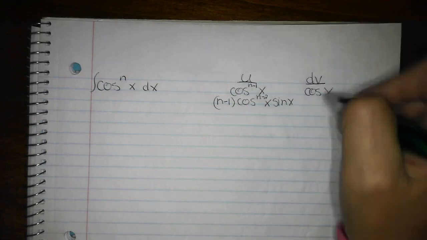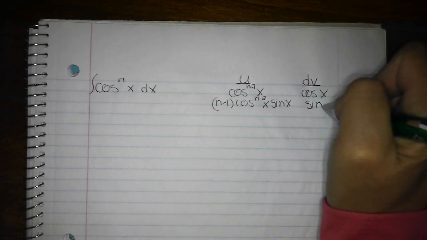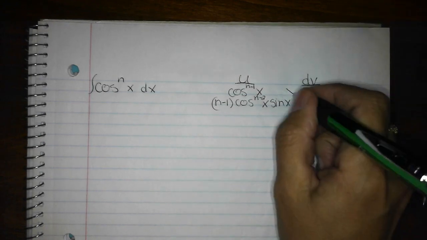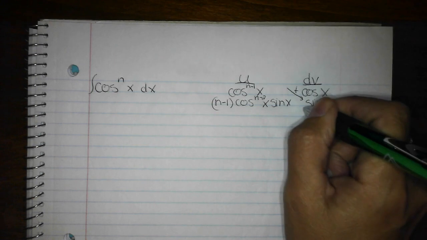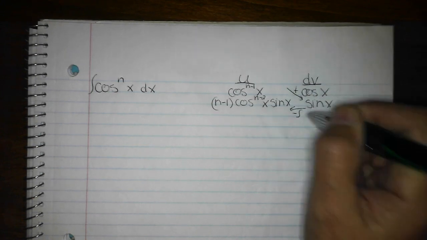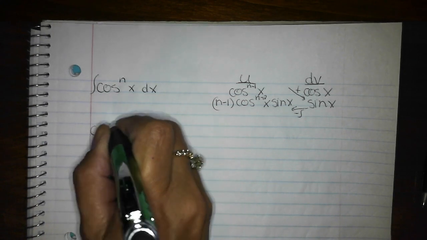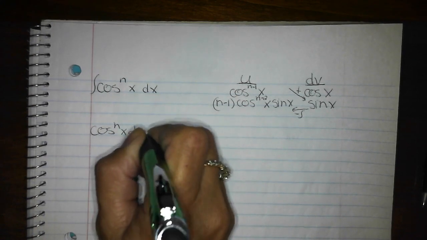And then over here, you know this goes to sine. All right. So we're going to multiply. Negative integral. Keep this. So just take your time. Talk your way through it.